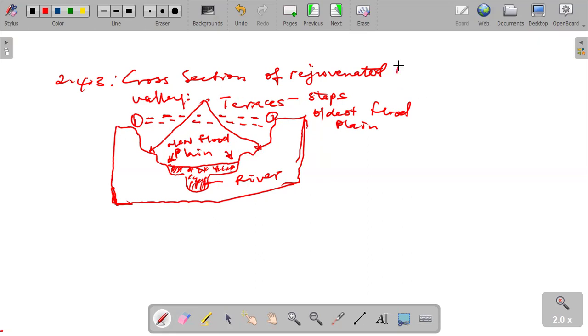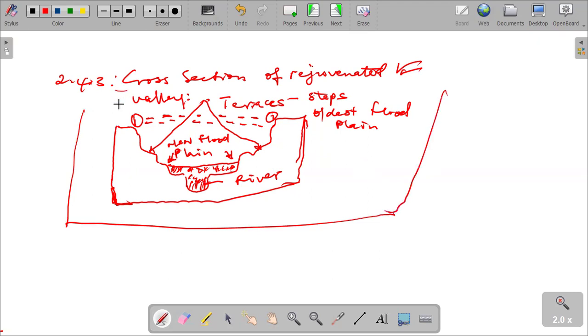So there are marks for the caption, which is the title, cross-section of a rejuvenated valley, and then we have drawn our diagram like that. Maybe for perfection's sake, we can also put our diagram in some borders such that the examiner can see that these are the borders that are supposed to be shown there.